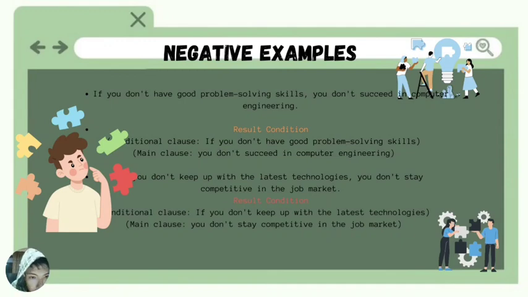Number one: if you don't have good problem solving skills, you don't succeed in computer engineering. Result, conditional clause: if you don't have good problem solving skills, main clause, you don't succeed in computer engineering.